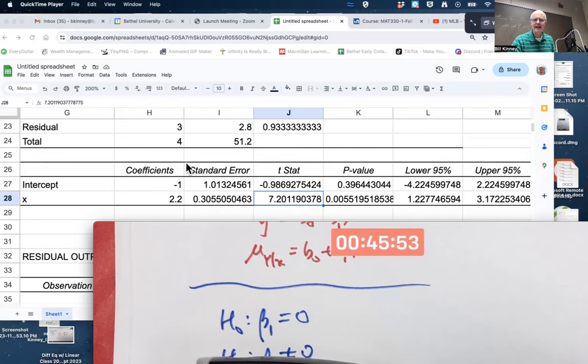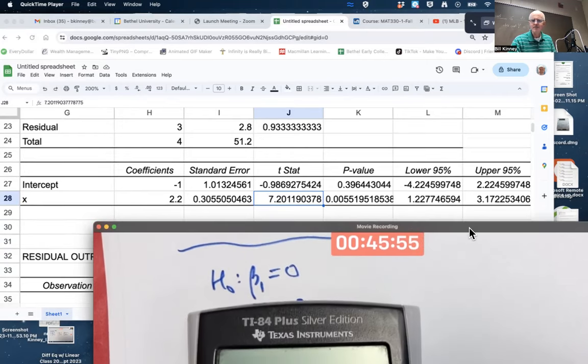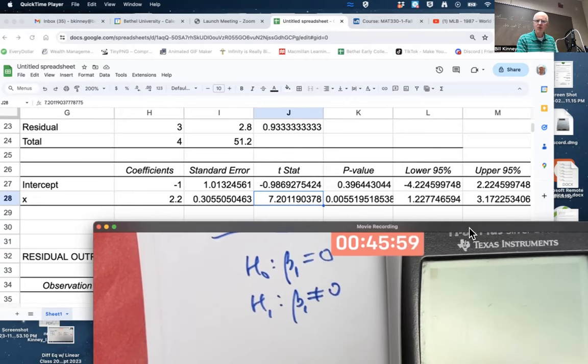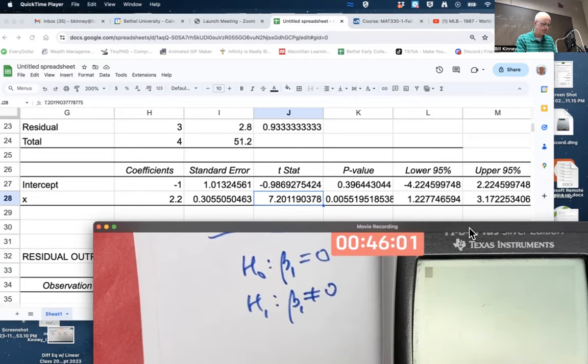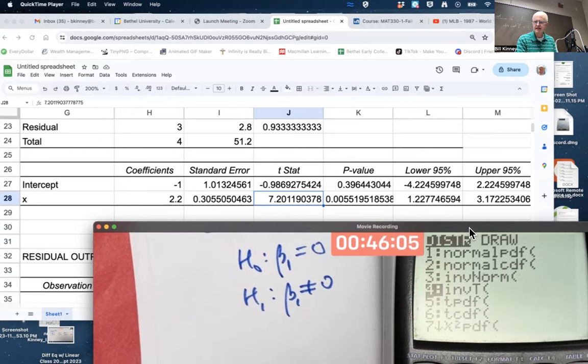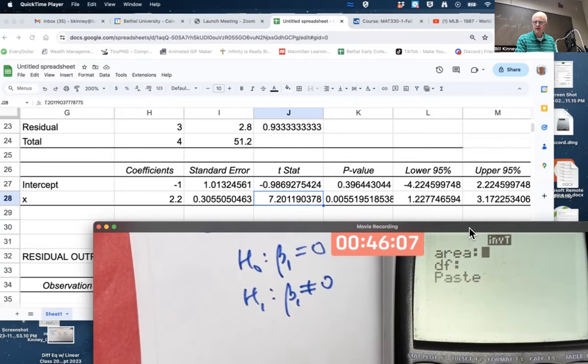Does that t-stat of 7.2 correspond to a p-value of 0.005?